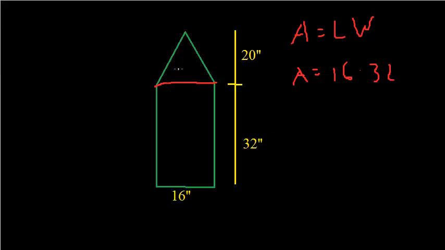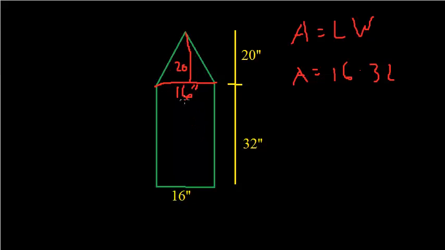The triangle we see has a height here of 20 inches, and the base then is this side here. Well, we don't have the exact measurement of that, but we can figure it out because this side here is the opposite side of that rectangle, and rectangles, their opposite sides are the same length, so this must also be 16 inches.